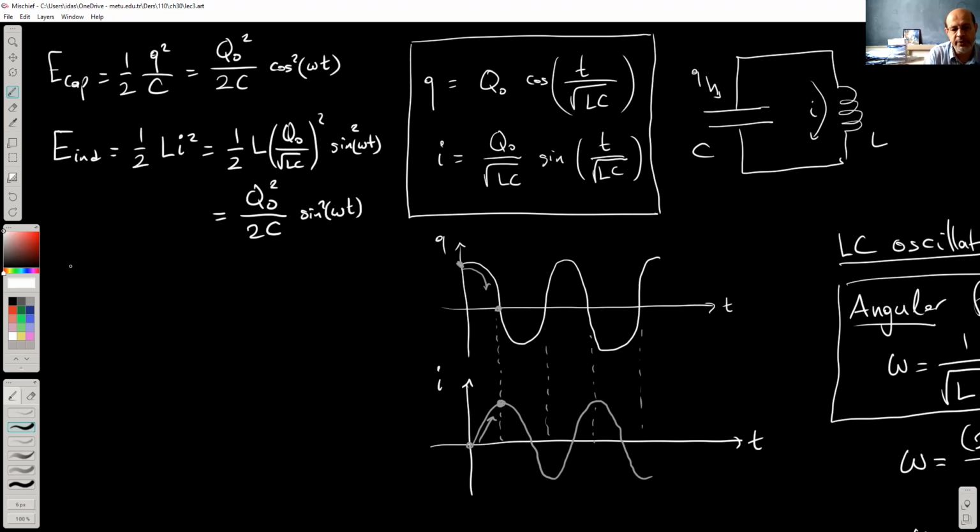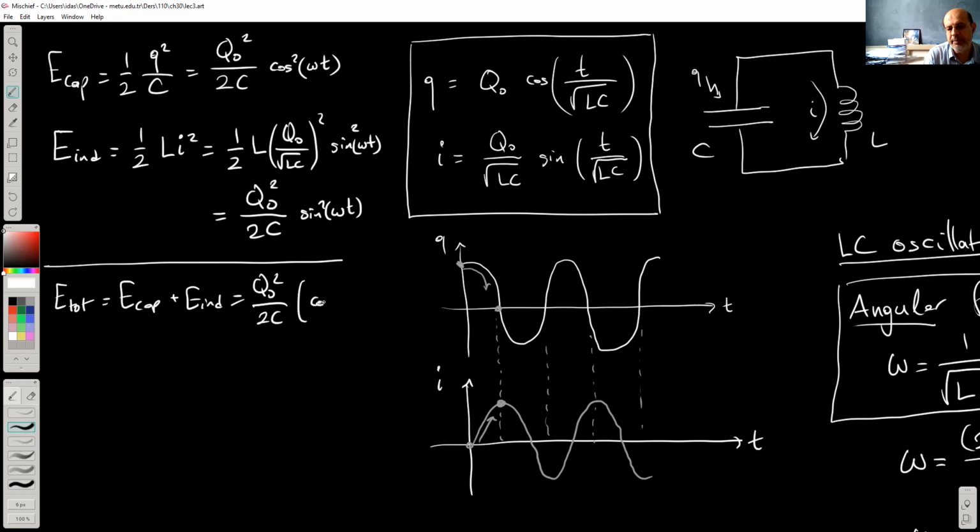And so if I compute the total energy, that's the energy of the capacitor plus the energy of the inductor, you can see that both of the trigonometric functions have the same prefactor. So it's Q0 squared over 2C, times the sum of the squares of the cosine and the sine functions.